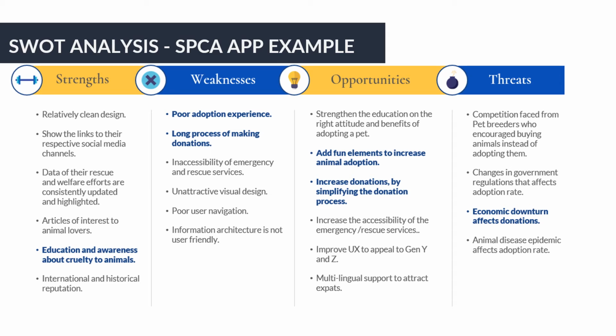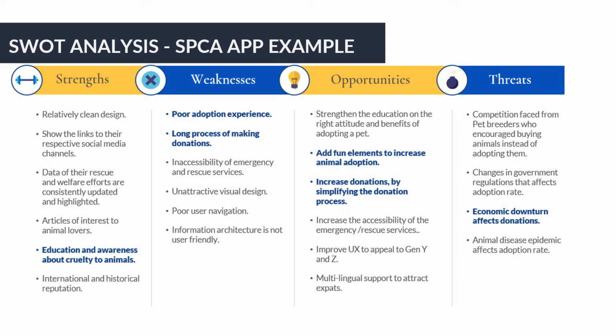Let's go to opportunities. You would see that one of the key opportunities there was to add fun elements to increase animal adoption. There's still room for them to tweak the app so much so that there can be fun or interesting elements, or the app can be user friendly so much so that people can easily make an adoption of an animal or be captured to make that adoption quite easily.